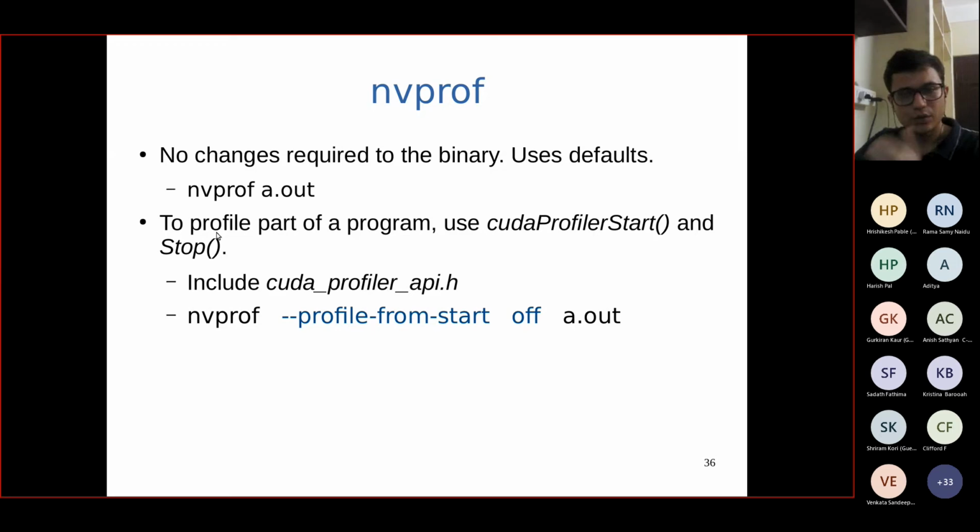In order to profile parts of the program, you need to use the CUDA profiler start and stop instructions, and you also need to include the API header, cuda_profiler_api.h, inside your CUDA program. If you want to profile part of your program, then you need to use the profile-from-start-off flag, and then provide the binary file.